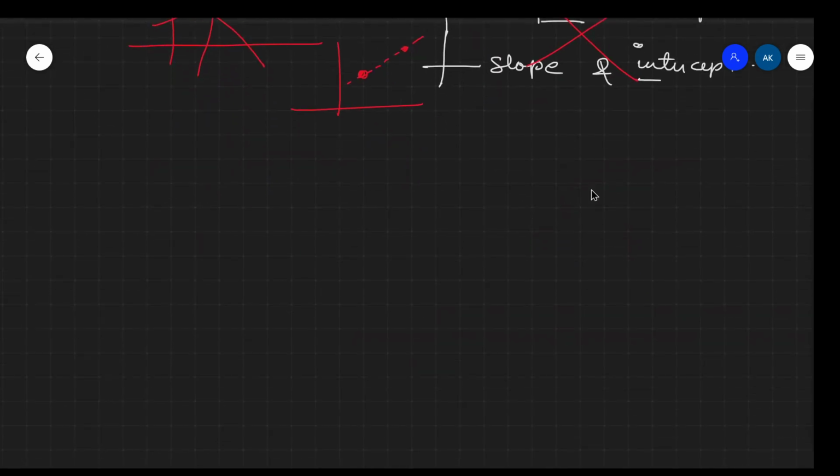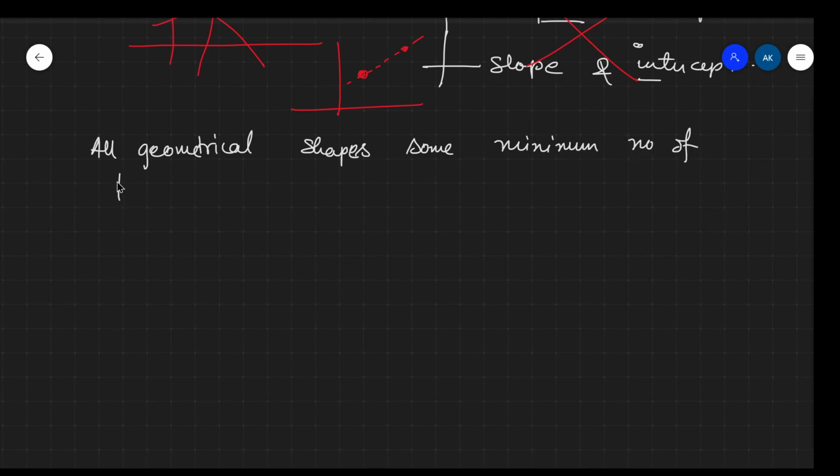Similarly, for all other geometry also, there is some minimum number of points. For all geometrical shapes, some minimum number of points are needed to construct it mathematically.